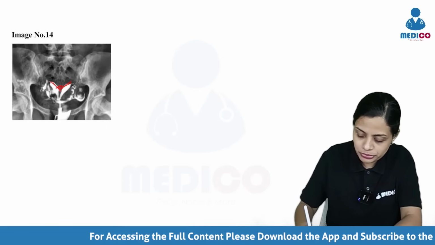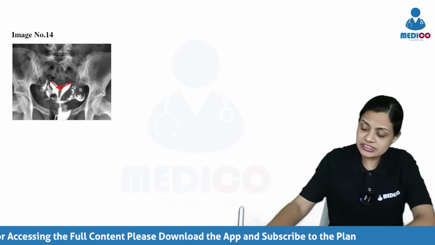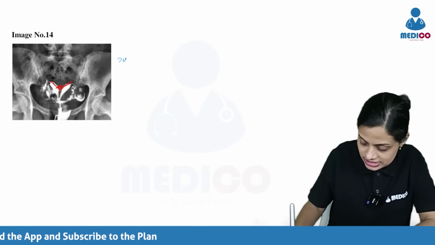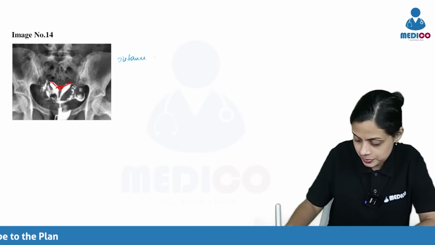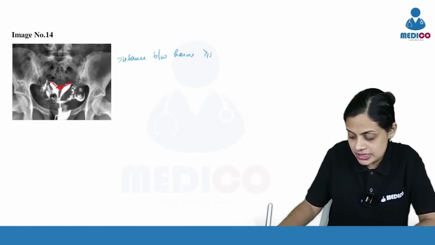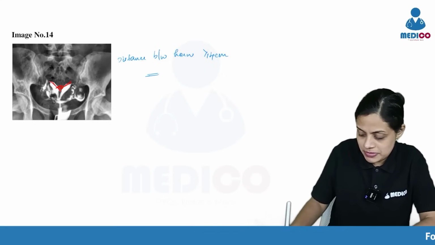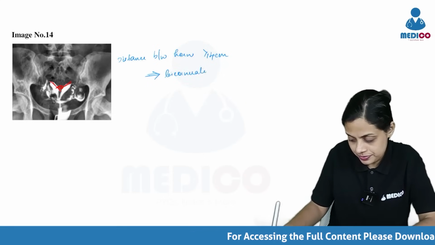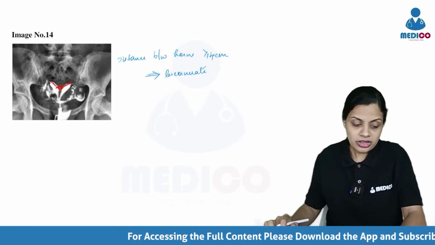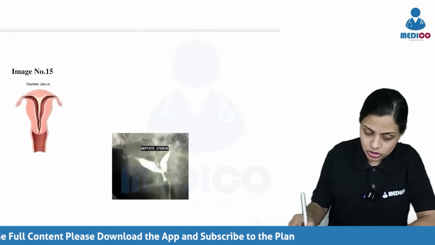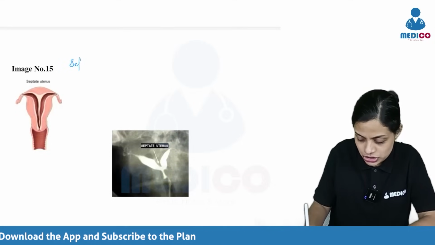This forms an obtuse angle. If it is an obtuse angle or the distance between the horns is 4 centimeters or more, that means that it is a bicornuate uterus. Okay. In the next one, what do you see here? It's already given there. This is a septate uterus.